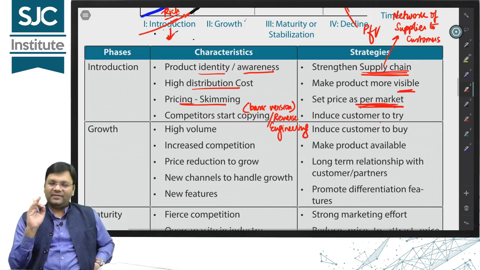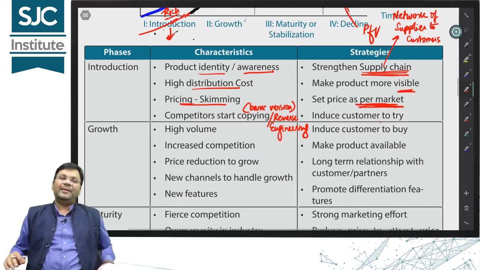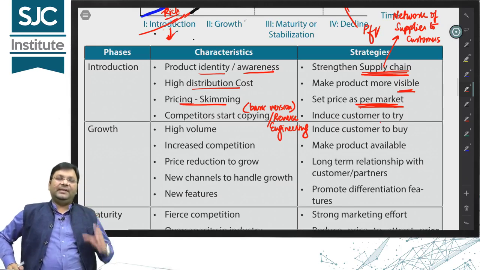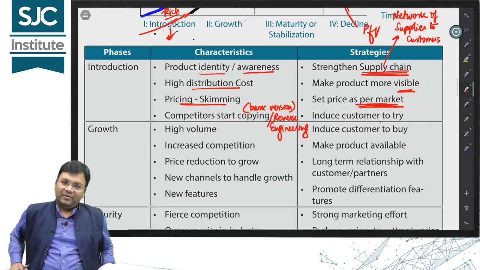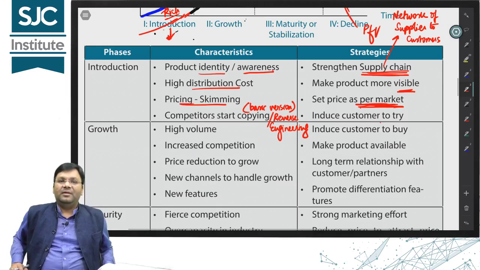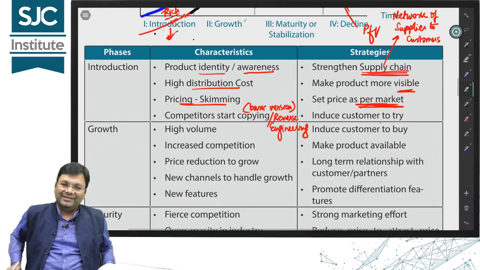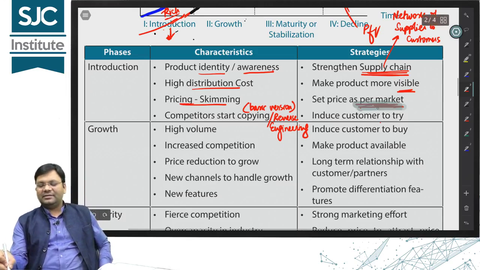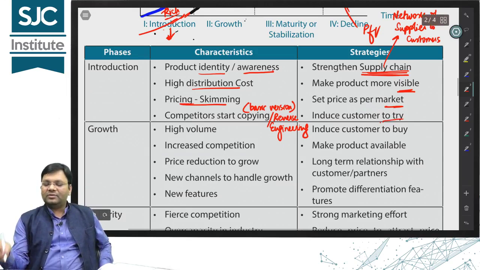Like in the case of Gillette, which I was telling you about in my previous discussion, the first Mark III cost them $3 billion before launch. If they had launched the same product with innovative or premium pricing, nobody would have bought razors. So razor spending capacity has to be seen. That's how this line is written: set price as per market, induce customers to try, not to buy.